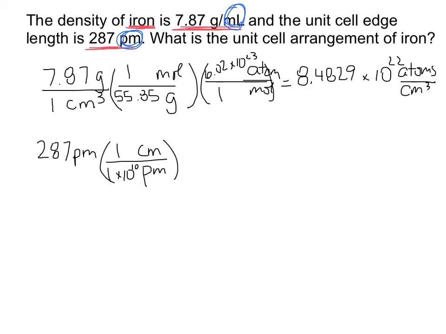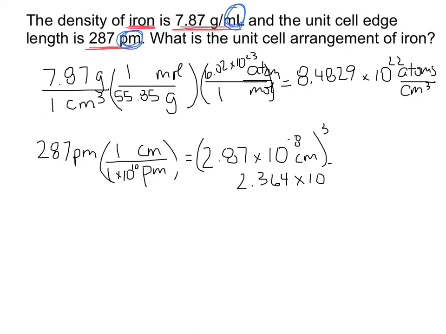Oh wait, I'm sorry, let me back up a second here. I'm not going to do a conversion here. I'm going to get my number, and at that point if I punch that in, I get 2.87, of course, times 10 to the negative 8th, and that's in centimeters, and what I'm going to do is cube this to get me 2.364 times 10 to the negative 23rd, and this is centimeters cubed.